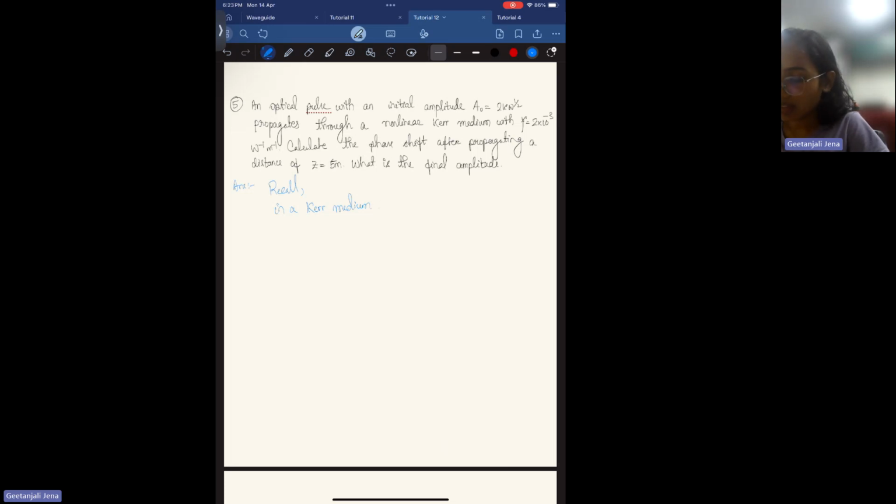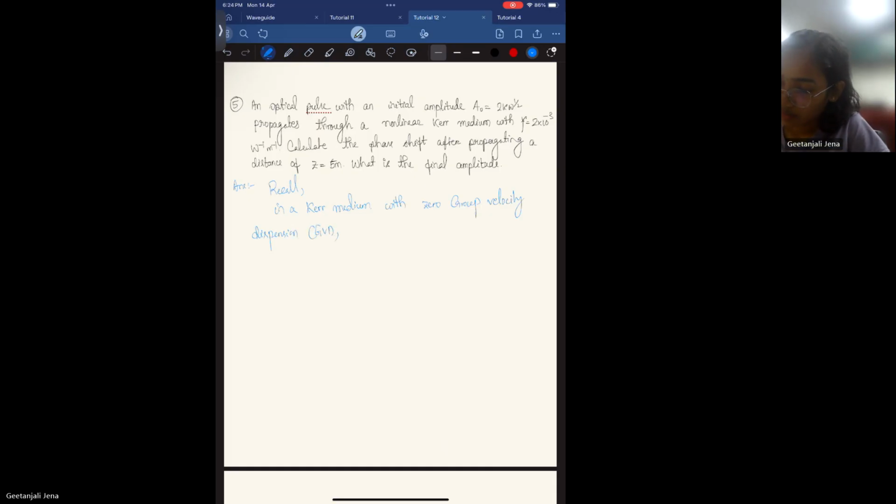In the class, we assume that inside the Kerr medium we have zero group velocity dispersion. That means the beta 2 value is 0 or negligible.